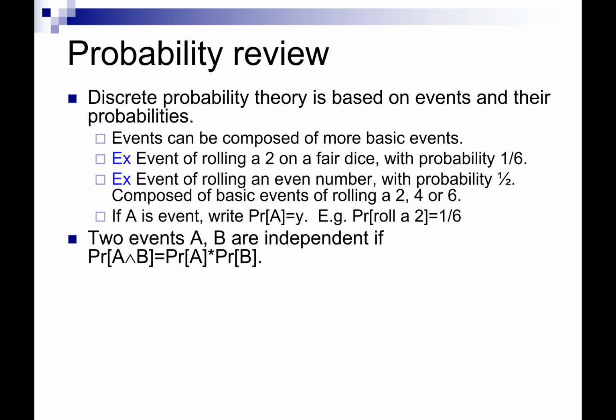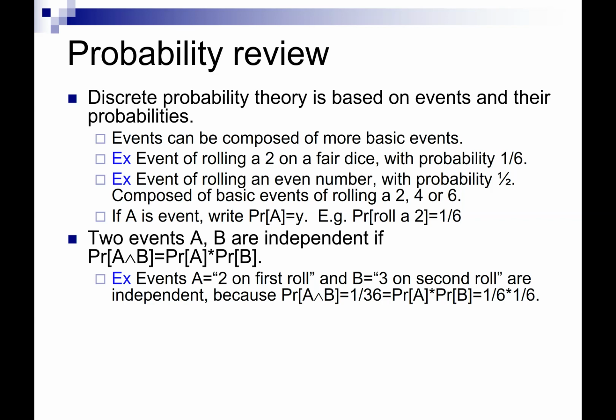Now here's an important notion, which is that events could be independent of each other. Intuitively, this means that one event happening does not affect whether or not another event occurs. More mathematically, we say that two events A and B are independent if the probability that both A and B occur is equal to the probability that A occurs times the probability that B occurs.